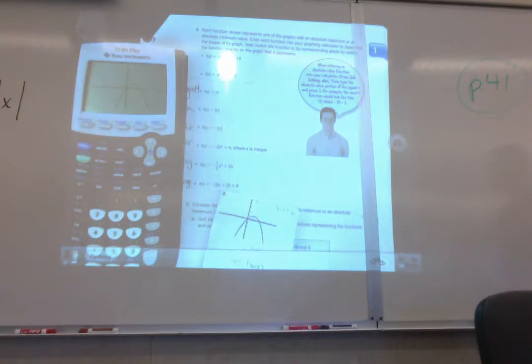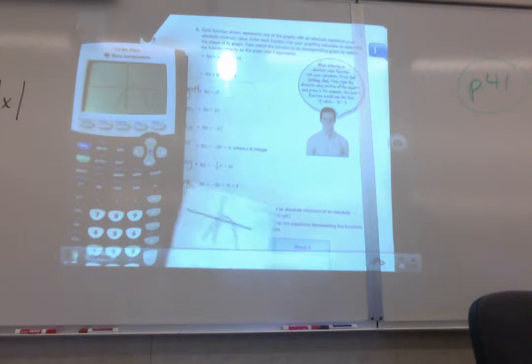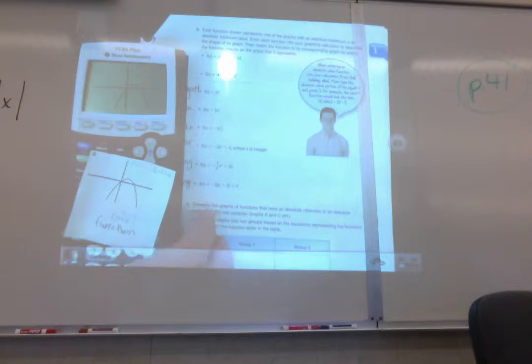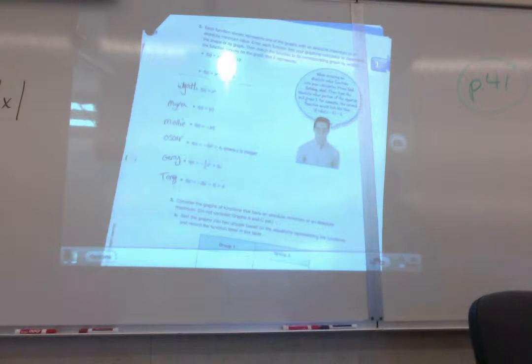Jerry has function B. So now you have to find B and copy the function, second to the last bullet: f of x equals negative 1/2 x squared plus 2x. Good. Thank you, Jerry. Who's next?